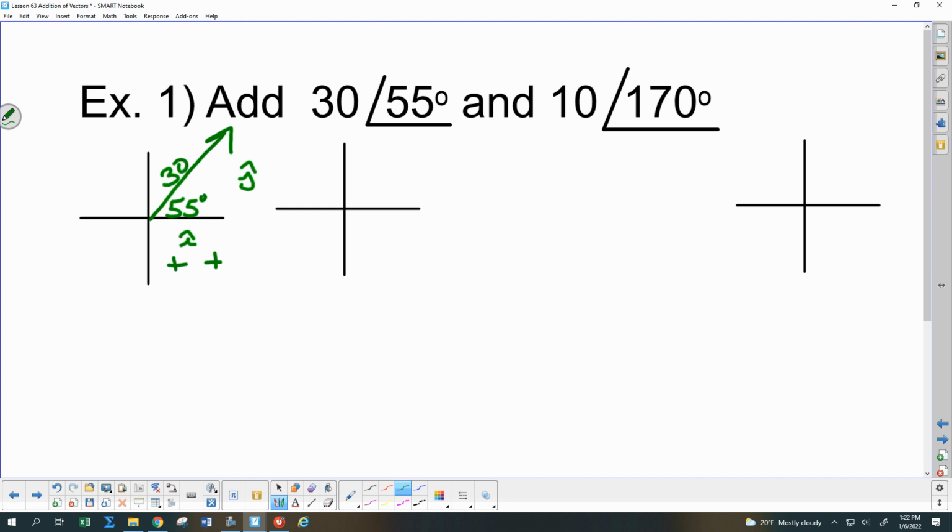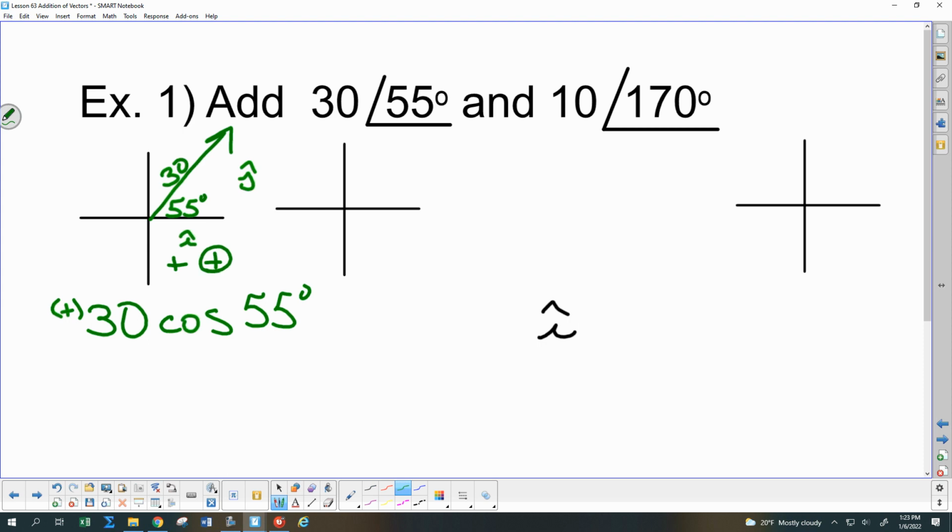So if we wanted to, like we've been doing, just change 30 at 55 degrees to rectangular form, we would do positive. I wouldn't really need to write that because it's at the beginning. 30 for how long it is. Cosine, because it's the I hat, 55 degrees. And that would be our I hat part of our answer.